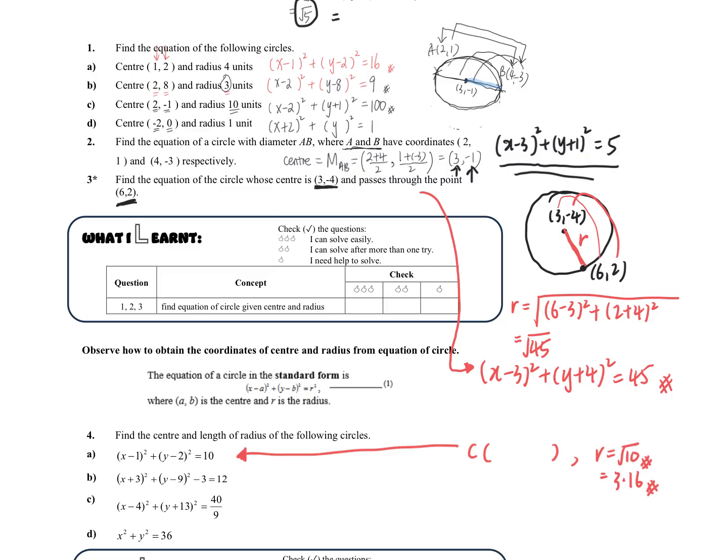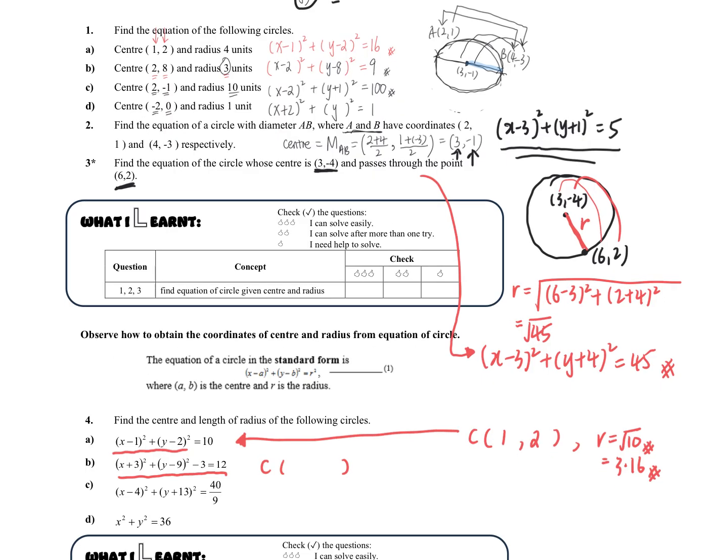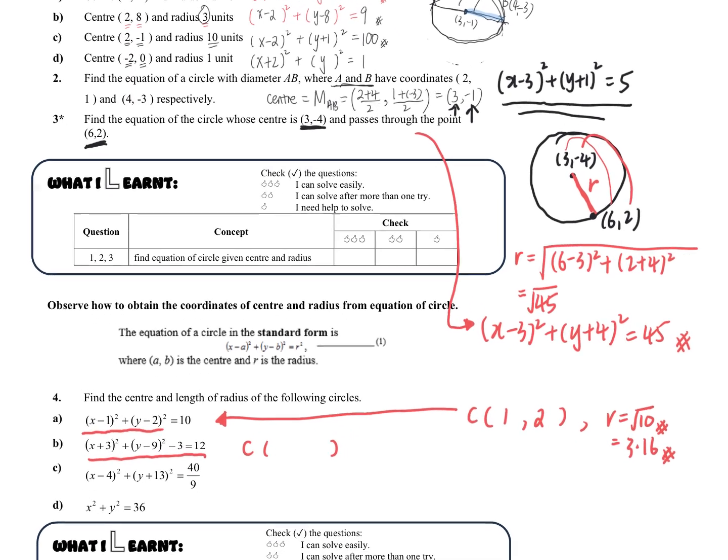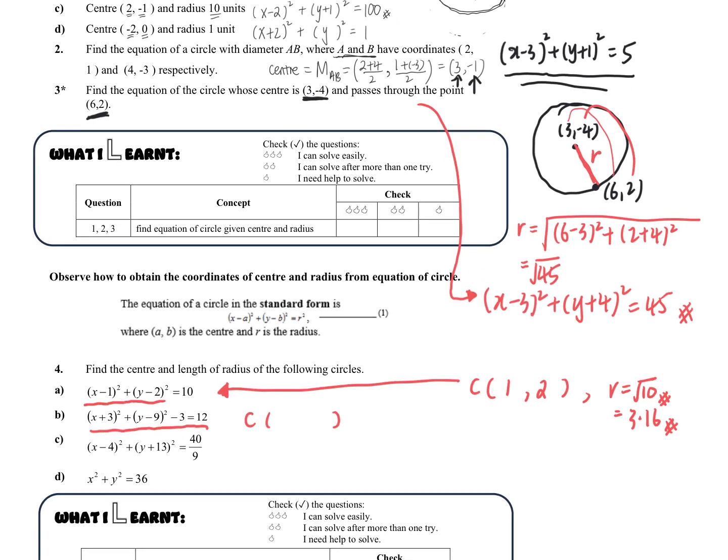What's the center? What's the center from here? 1 and 2. Okay, read from the equation. Jia En, can you tell me what is the center and the radius? What is the center? From here, right? What's the sign?